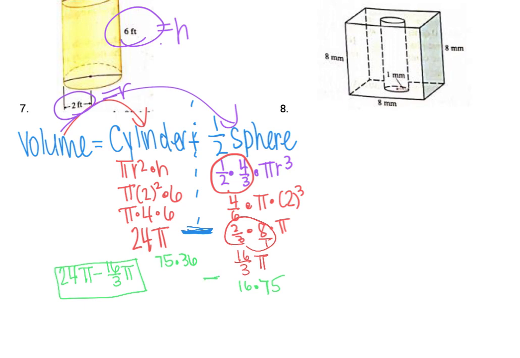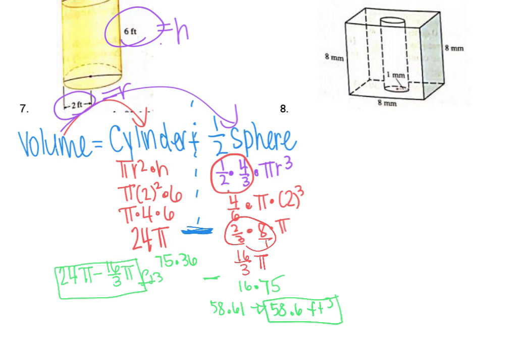And 75.36 minus 16.75 is going to be 58.61, which rounds to 58.6. And I am in feet cubed. All right, my final one. Oop, I messed up. I was supposed to add those.